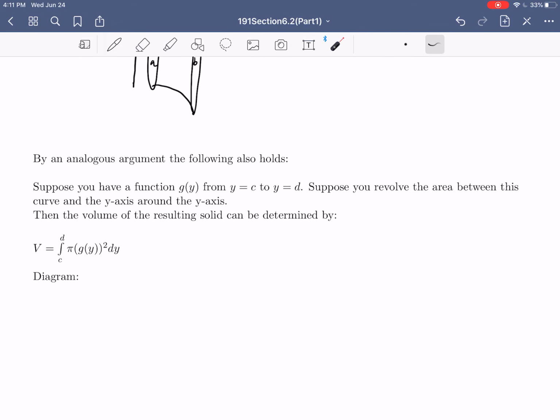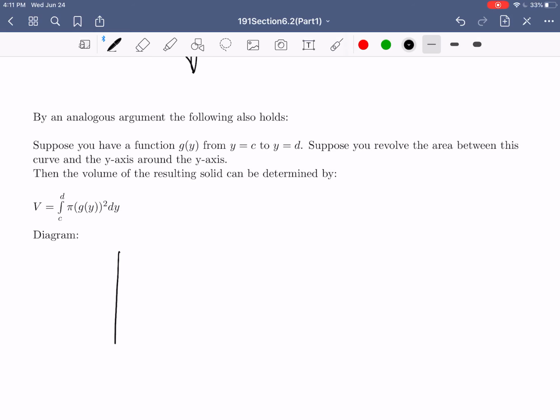If we redid everything from the y perspective, we could suppose that we have a function g of y from y equals c to y equals d. So now we have maybe some curve that looks like that, and we'll call that g of y. Now we're thinking about it from y equals c up to y equals d, in terms of y.